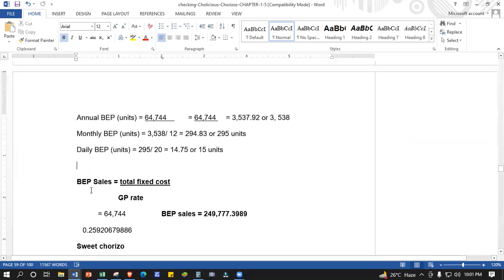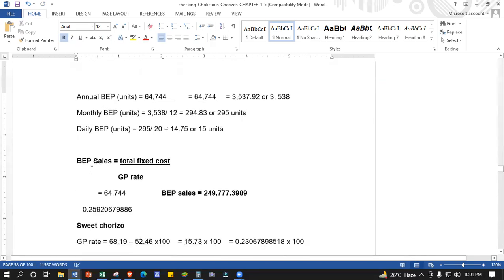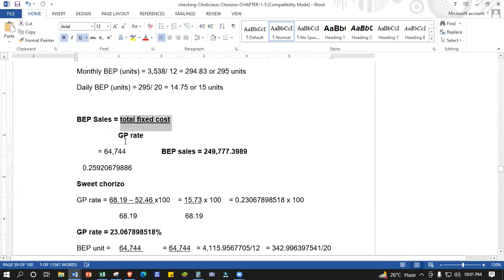Now, the BEP in units, and the break-even point in sales. For sales, it's just the fixed cost divided by the GP rate.